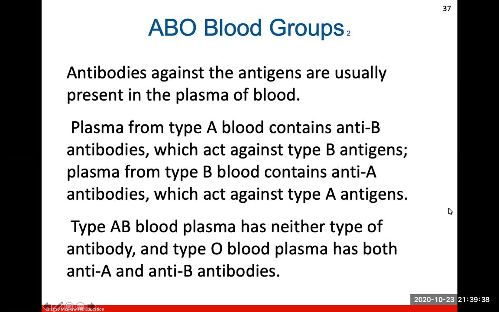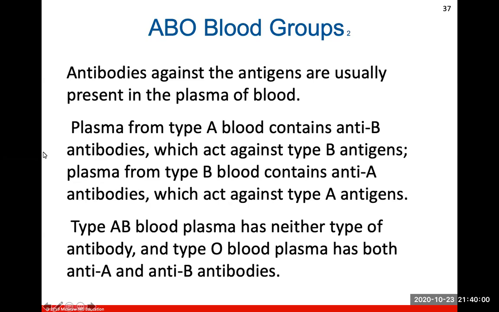Along with having antigens, which will determine your blood type, we all have antibodies against foreign antigens that are present in the plasma of our blood. So, for example, if you're type A blood, you'll have antibodies against B. We call them anti-B antibodies.